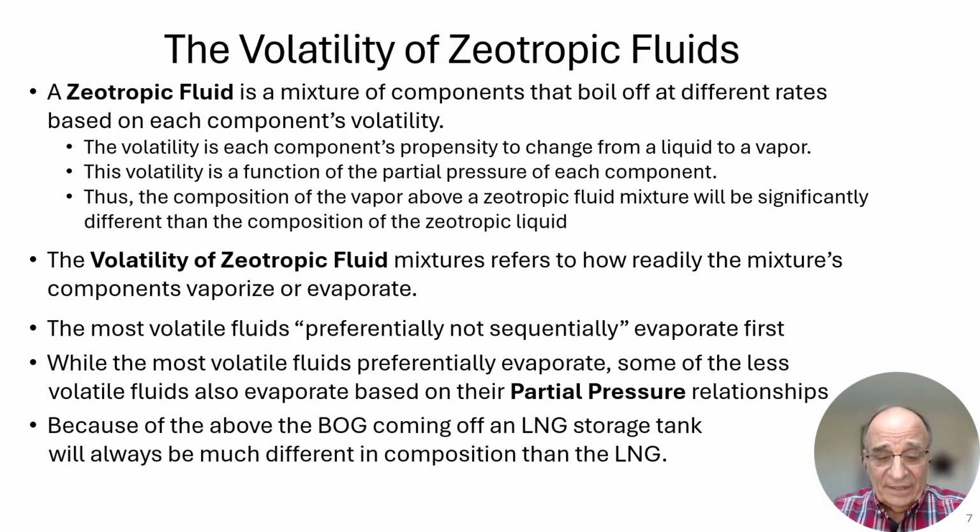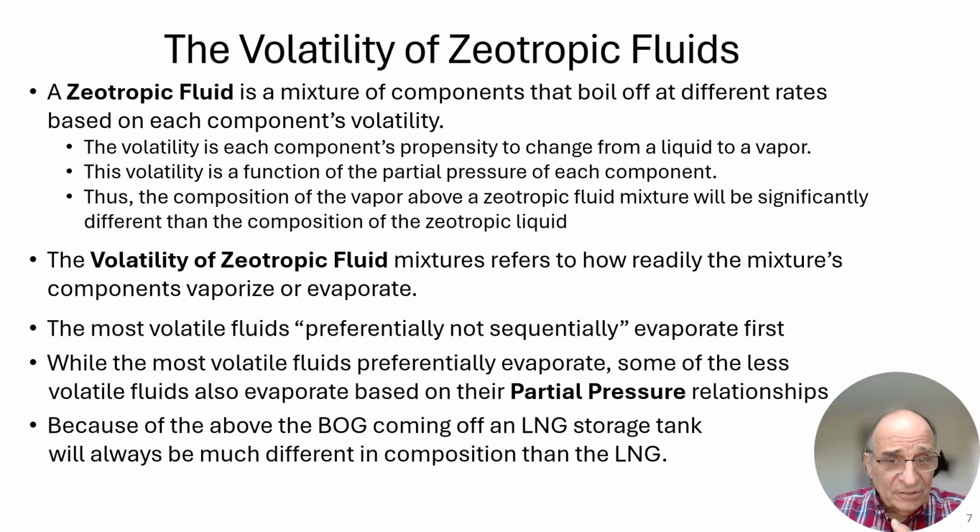As I said, with methane, ethane, propane, the methane has the highest volatility. If I put nitrogen in there, then the nitrogen is even more volatile than the methane, and the nitrogen would preferentially boil off. Now, when I say preferentially, it means that yes, some propane will boil off, but a very small amount.